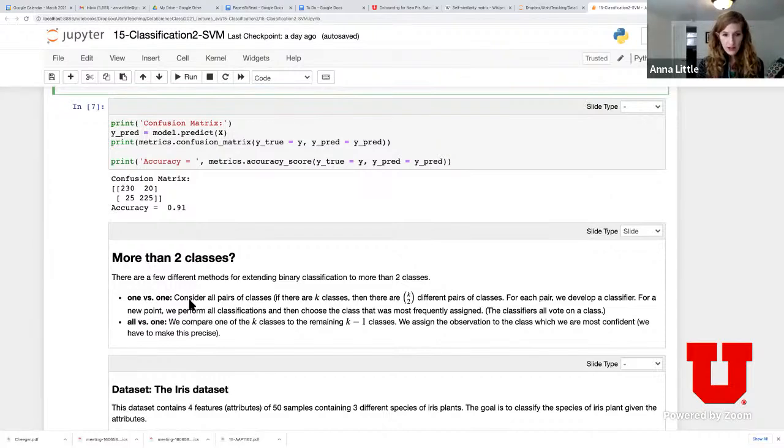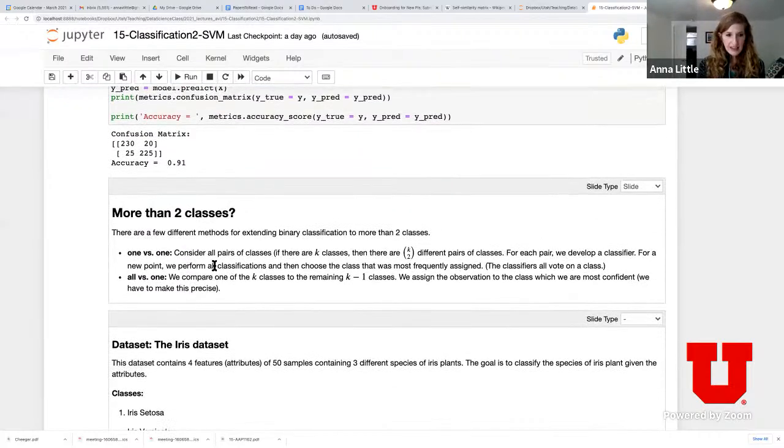First is the 1 versus 1. In this case, what you do is you consider all pairs of classes. So if we have K classes, say we have 10 classes, then we have K choose 2 different pairs of classes. And for each pair, we can develop a classifier.